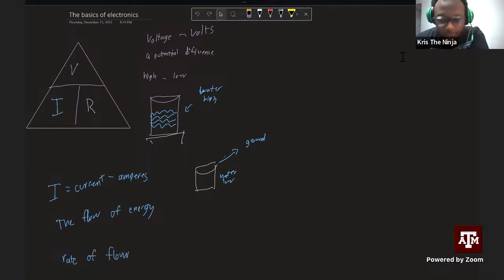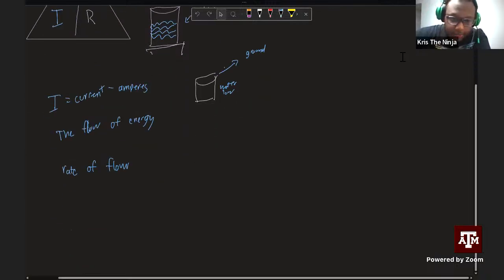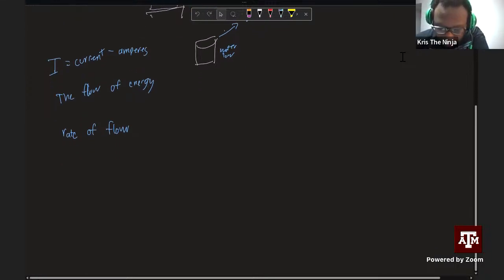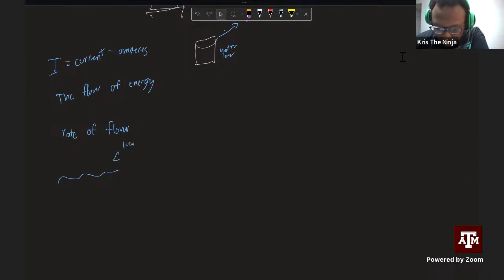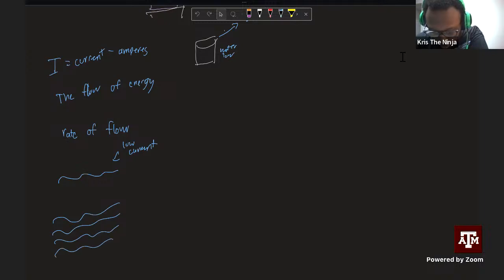The rate of flow is what you can define as current. With this definition, we could see the difference in current flows with, like, a stream. This would be low current, or a river. This would be a high current.